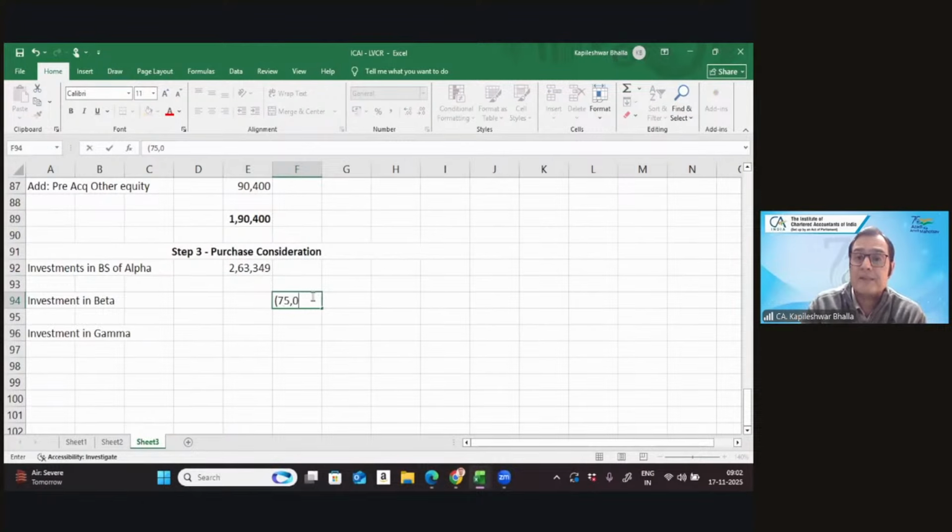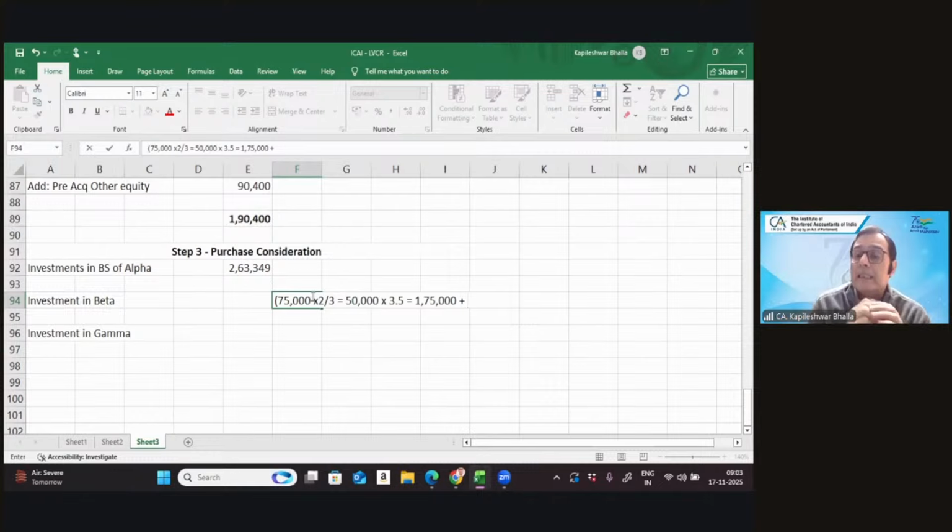We acquired 75,000 shares, issued 2 for every 3 shares. I think that works out at 50,000 shares, and each share is worth 3.5. So we issued 50,000 shares at the rate of 3.5. That works out at 1,75,000.